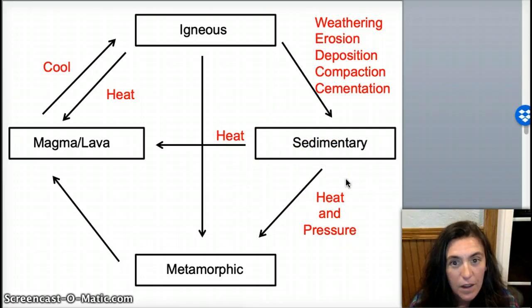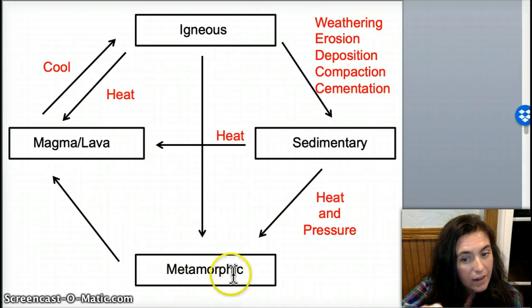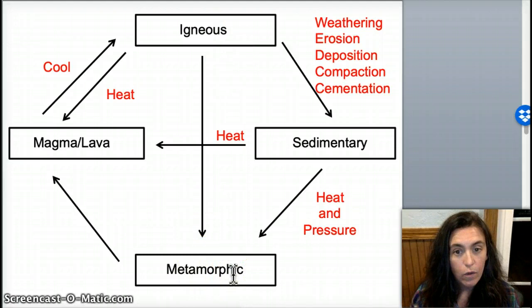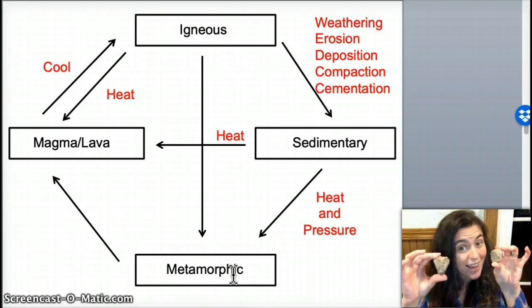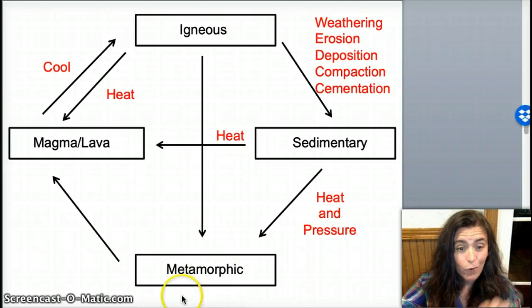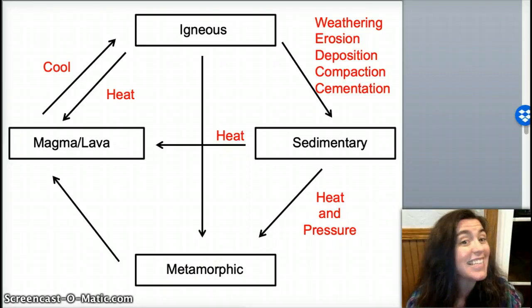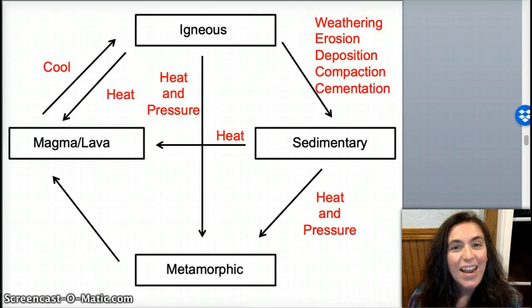Now, let's go back here to igneous rock right here and say, is there a way to get it to be a metamorphic rock? Well, that's like what I talked about at the beginning. Granite to gneiss. So again, all you have to have is what for metamorphic? What forces? Two. We need heat and pressure.